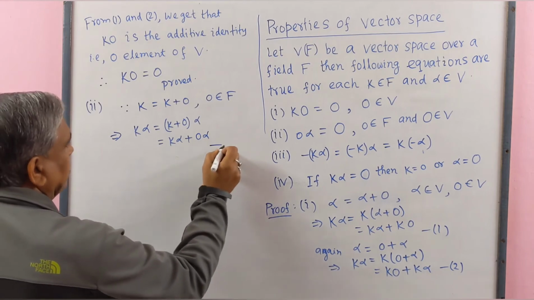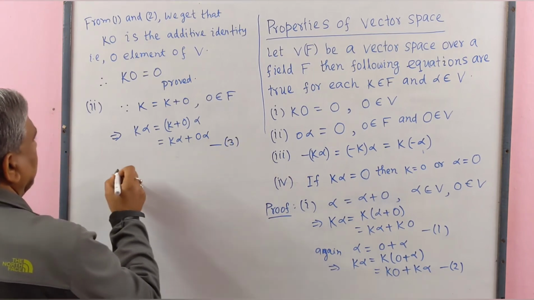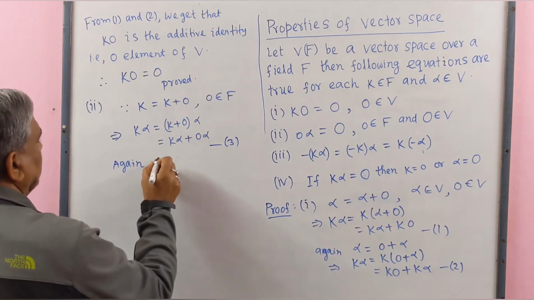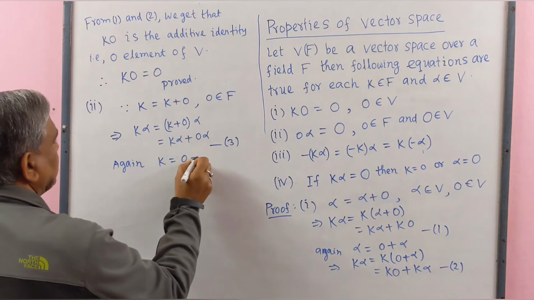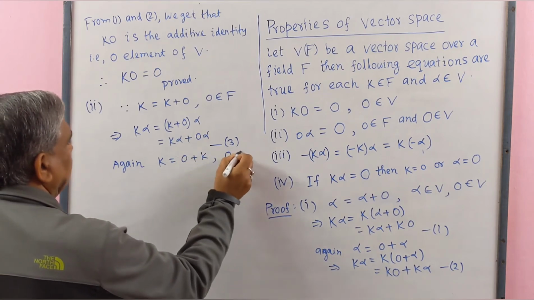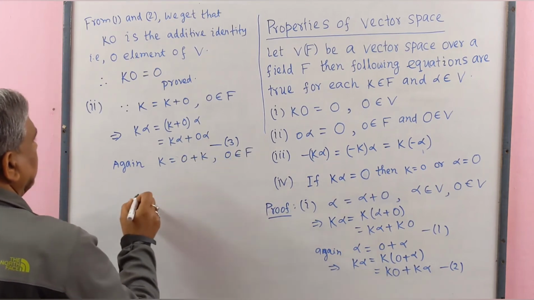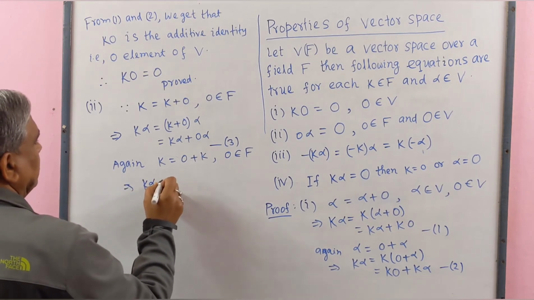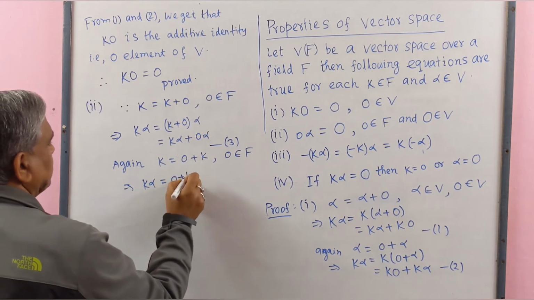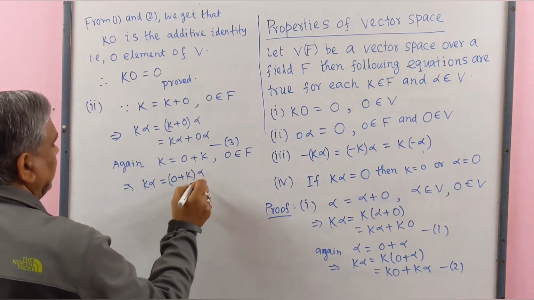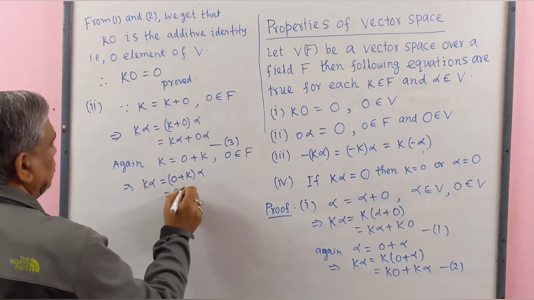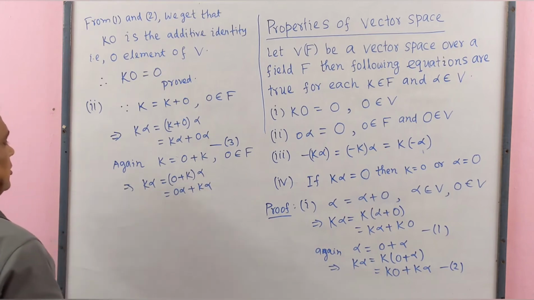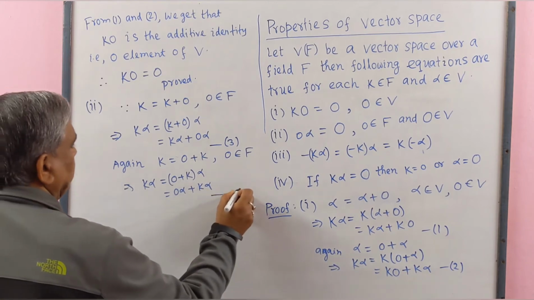This is number 3. Again, k equals 0 plus k, this 0 belongs to F, implies that k alpha equals (0 plus k) alpha, which means 0 alpha plus k alpha. This is number 4.